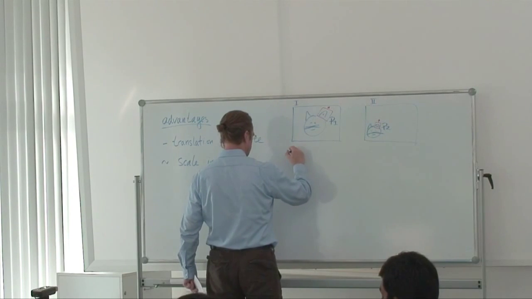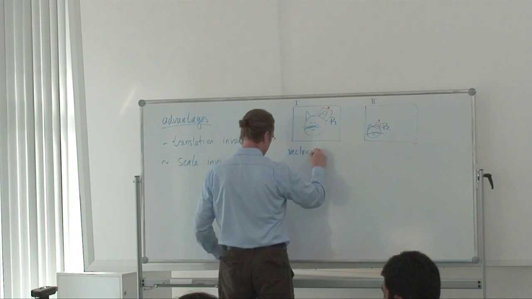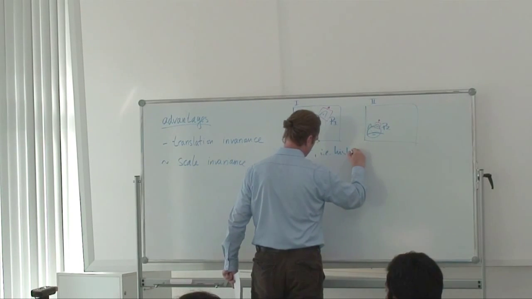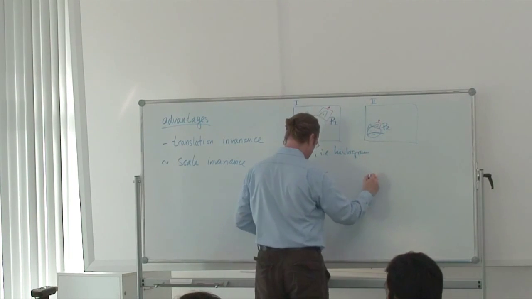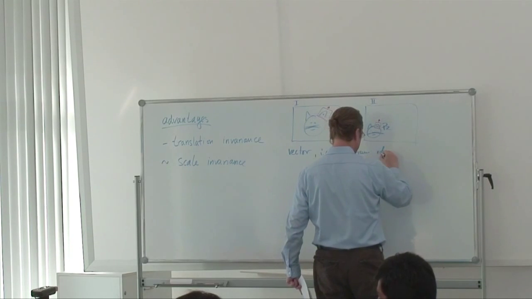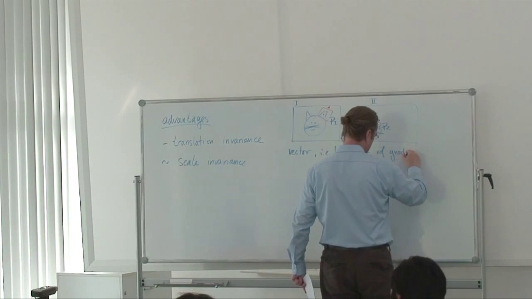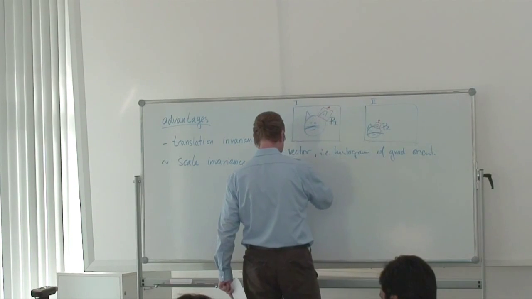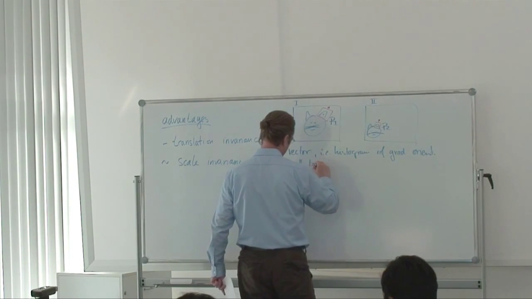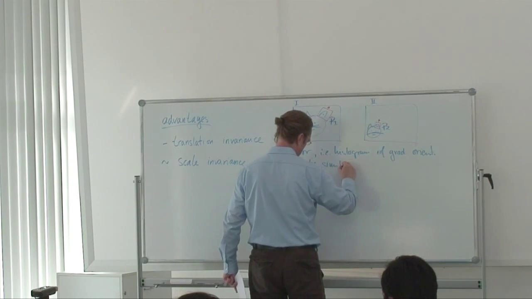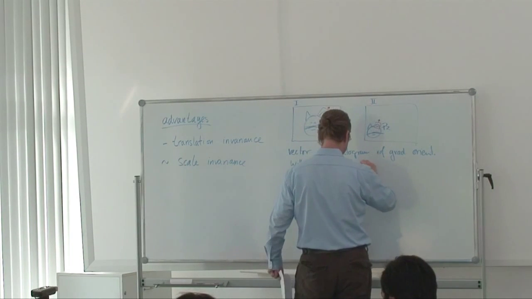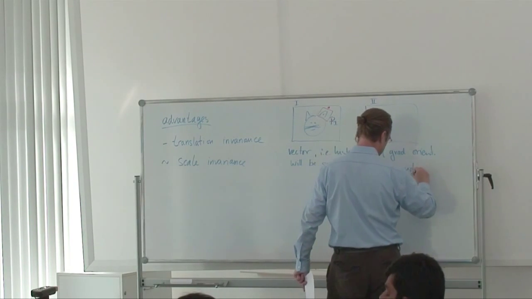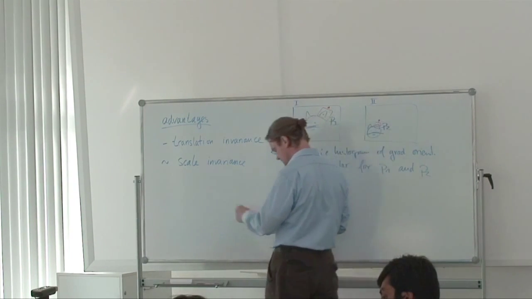Then we typically find that the vector, that is to say the histogram of gradient orientations, will be similar for key point P1 and key point P2.